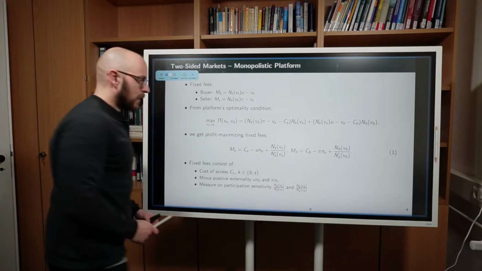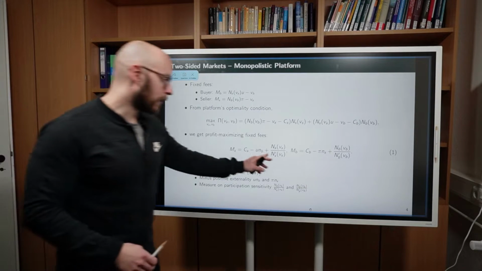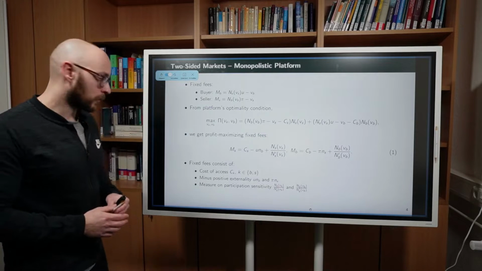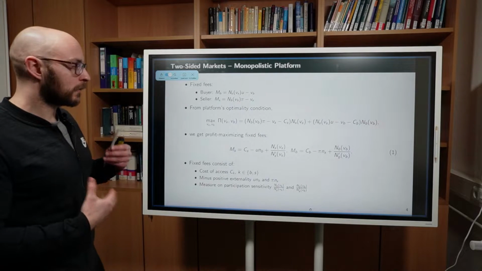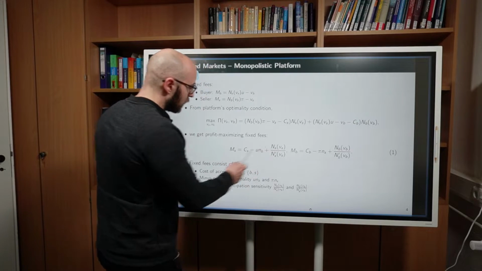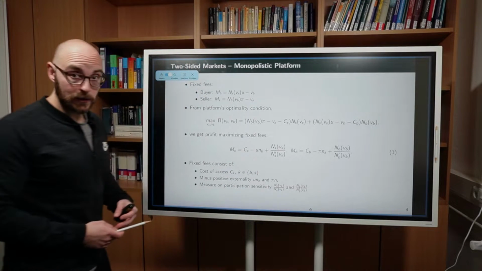And the last term here, it's basically here with a plus, is how much does the number of buyers change, right? So it's basically a measure of sensitivity. And if the number of buyers is large, then this will increase the fixed fee.